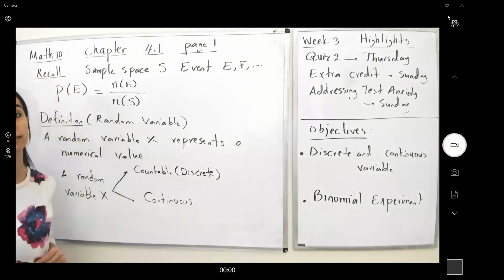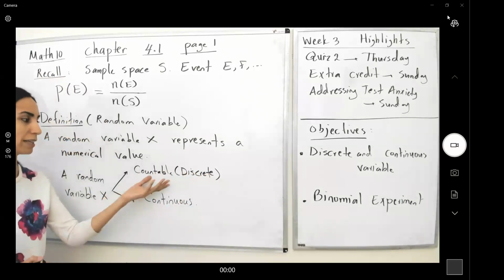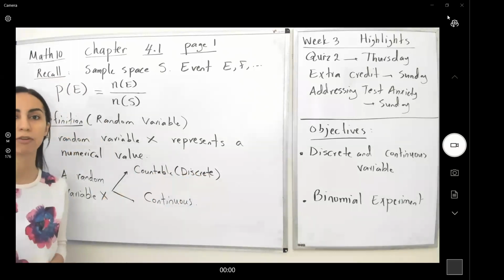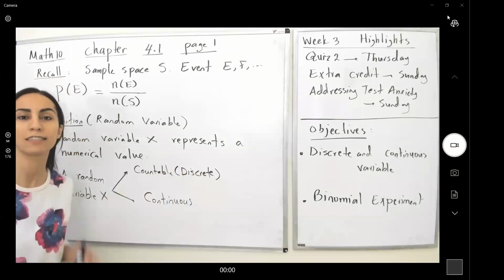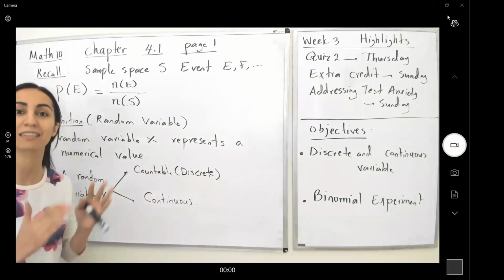Well, give us an example. An example of a discrete random variable is the number of students sitting in Math 10 class.